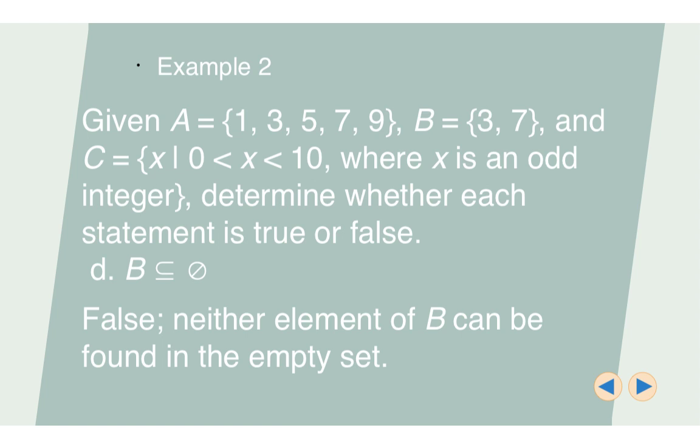False, because neither element of B can be found in an empty set. 3 or 7 cannot be found with a circle with a line through it. There's no way those two numbers, 3 and 7, fit in null because it's empty. So it cannot be a subset of it.